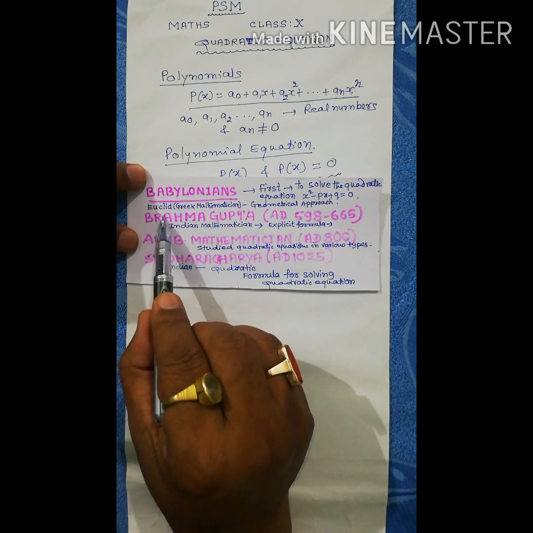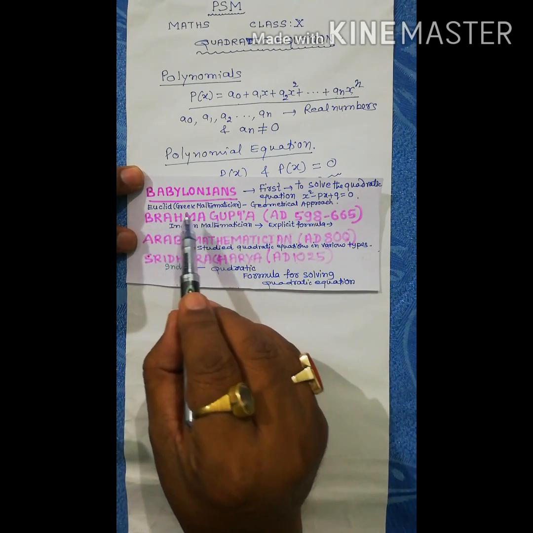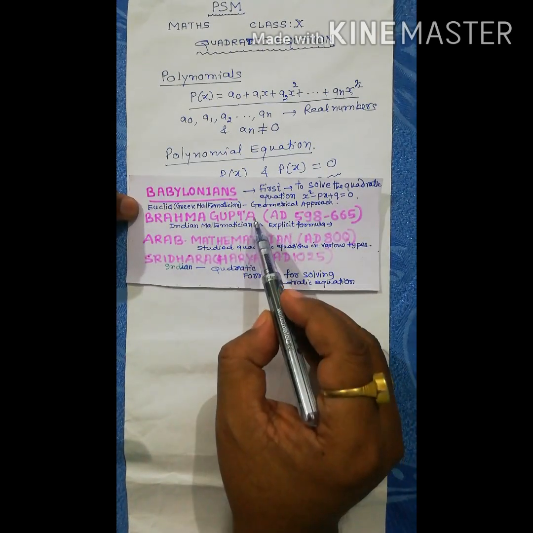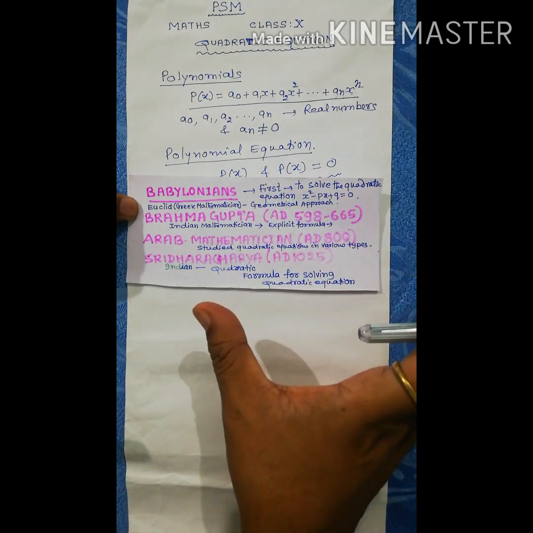After that, Euclid, the Greek mathematician, discussed quadratic equations in terms of a geometrical approach.